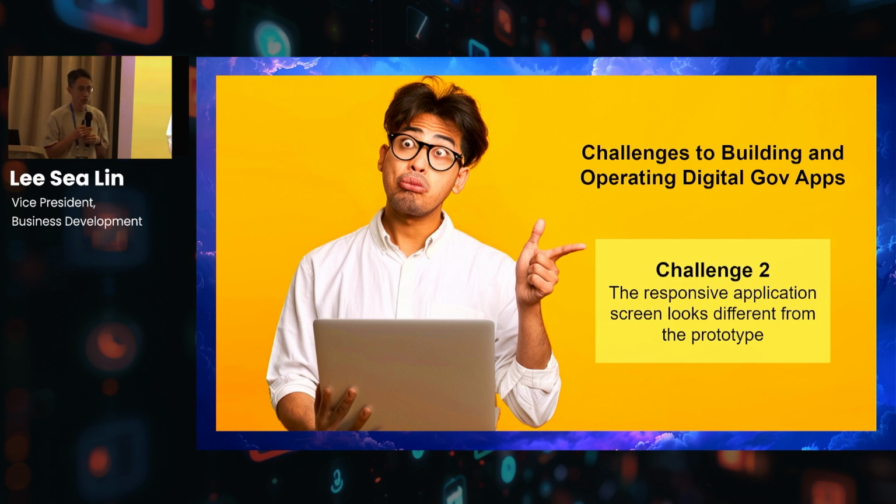And the next challenge could be that the application or the prototype that the UI and UX designer put together looks great, looks sleek, but when it goes into production, somehow it behaves and looks differently. What could be the reason for this?